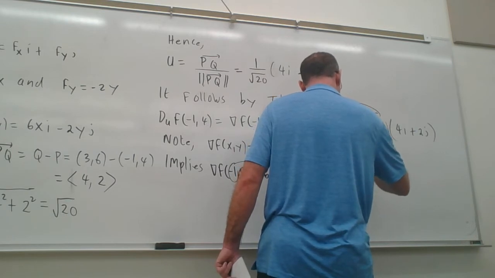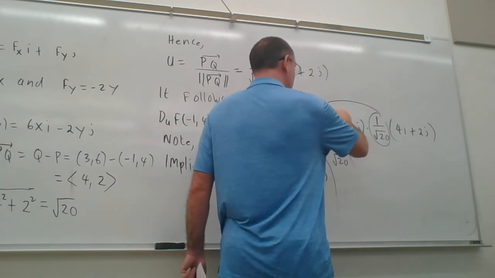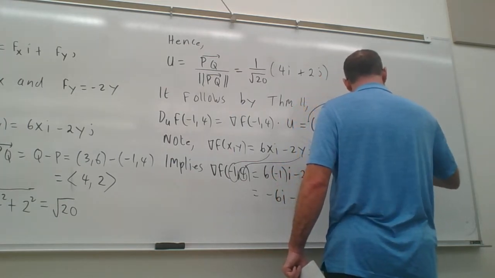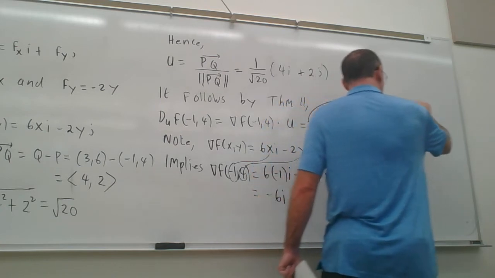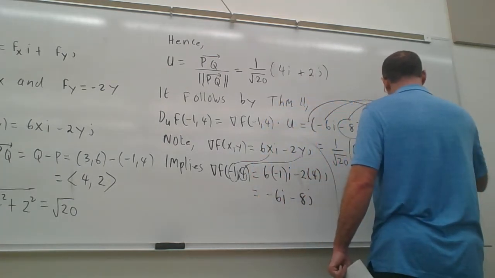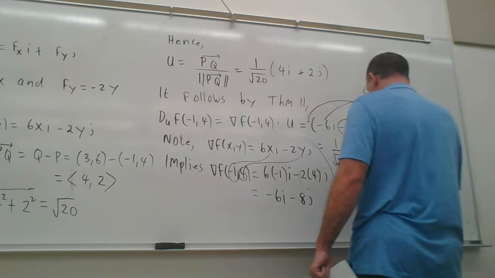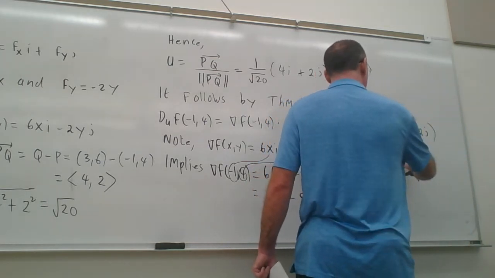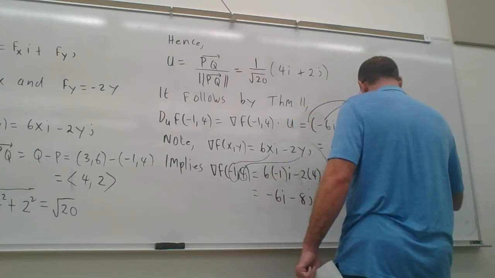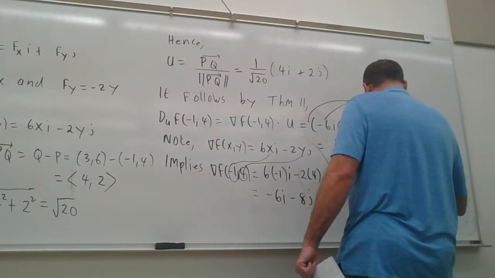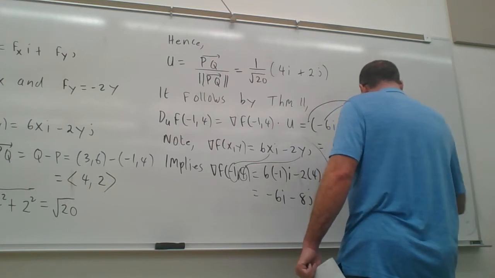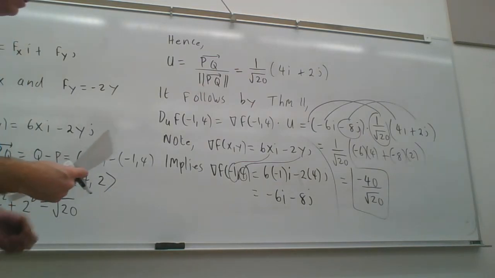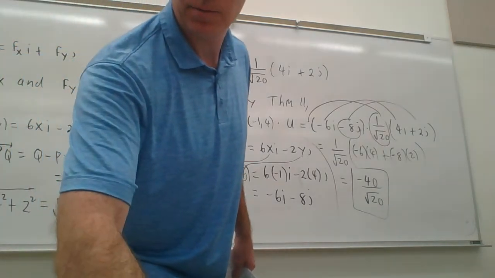That'll be negative 6 times 4 plus negative 8 times 2. So it would be negative 24 and negative 16, so negative 40. So negative 40 over square root of 20. So that's our directional derivative at our point negative 1, 4. Okay, so let me pause it here for a second.